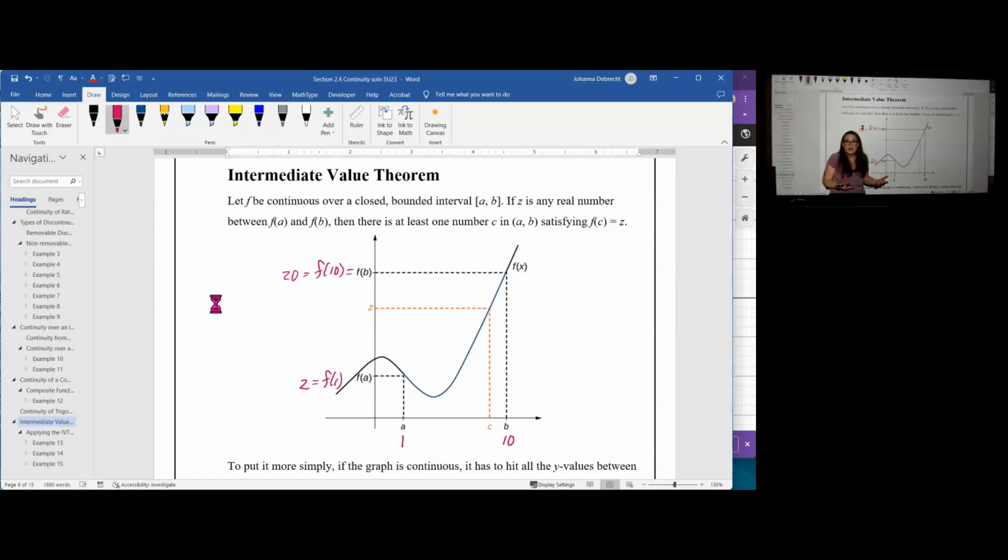That's the intermediate value theorem in a nutshell. When you think about driving on the freeway, you cannot drive 60 miles per hour without having driven 55 and 35 and pi miles per hour. Speed is continuous. You have to pass through every single value to get to another one.